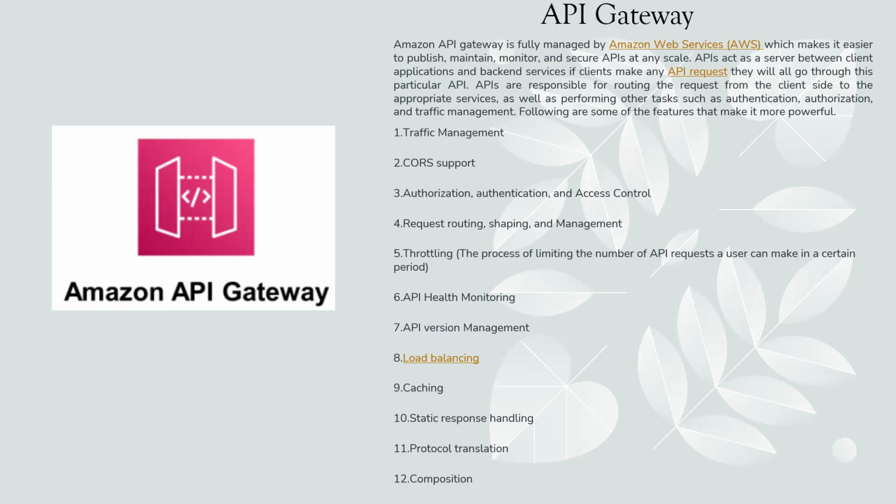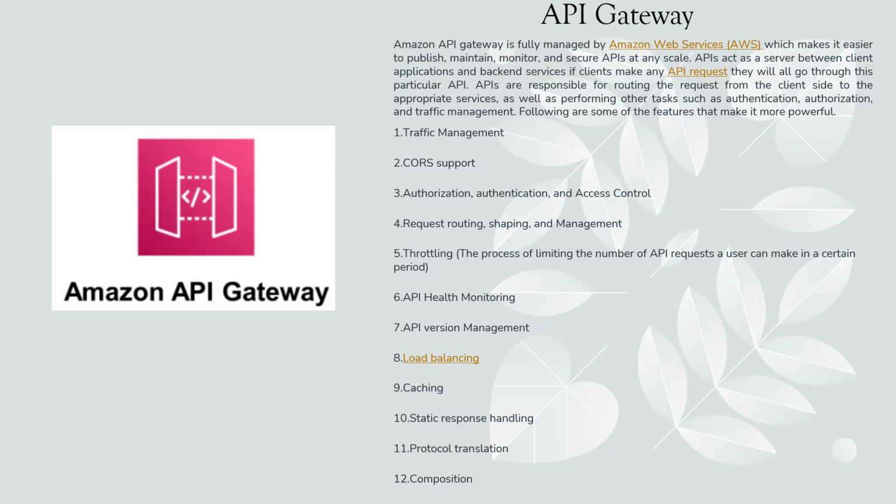API gateway plays in between the main API endpoint and the client requests. So what is the responsibility of API gateway? It handles traffic management. Traffic management means, as in the example of the IRCTC API service, when there is a huge number of API requests, the API gateway is responsible for load balancing also.